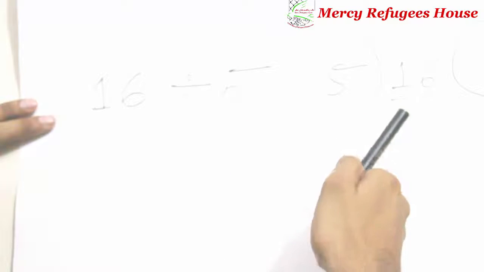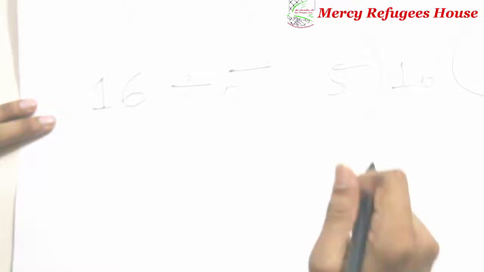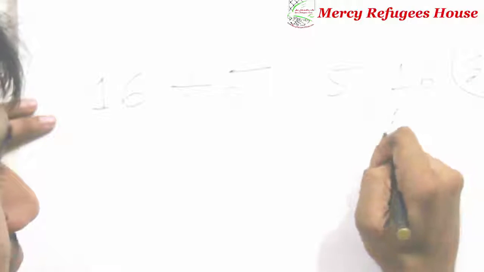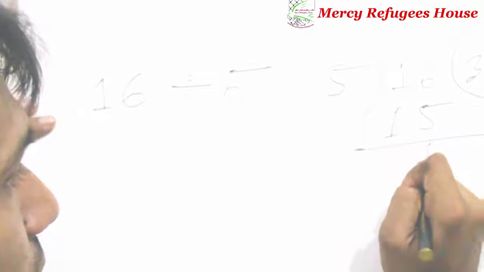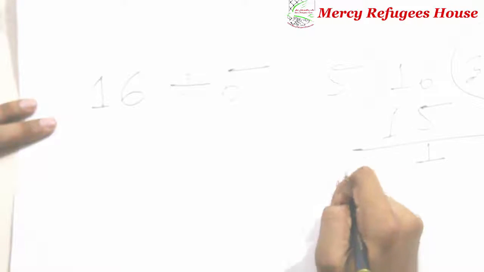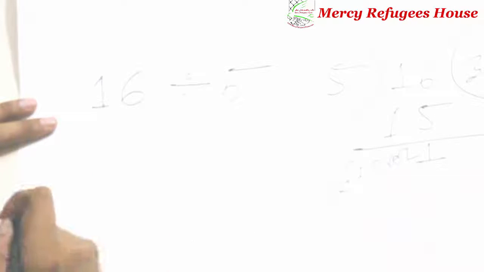We cannot get 20 here as our total number is 16. So we would take 3 here and we get 15. Now there would be a leftover of 1. This is what is known as leftover. This is how you get the answer and do the leftover related mathematics.